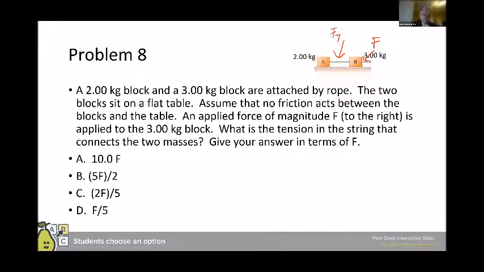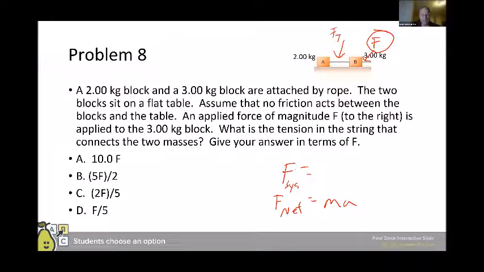So you really got to think a little bit here to begin with. This force, since there's no friction, is the net force acting on the system. And that's going to cause the system to accelerate. We know F net equals MA, and we're talking about the system here. So let's think about the whole system to begin with.